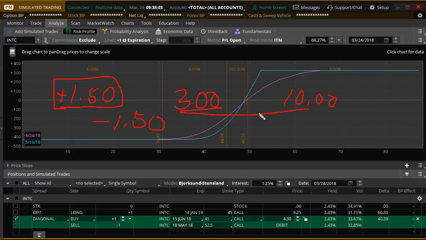The transfer happens automatically. You never see that stock in your account. It just immediately transfers to the new owner at 52.5. You buy the stock at 45. You sell the stock at 52.5. You subtract your cost of the trade to enter the position, and that will come up with your profit.